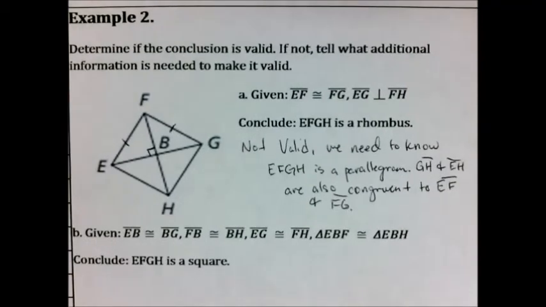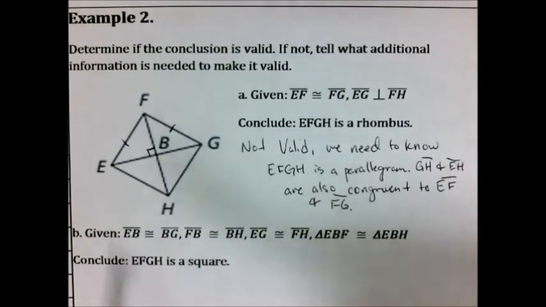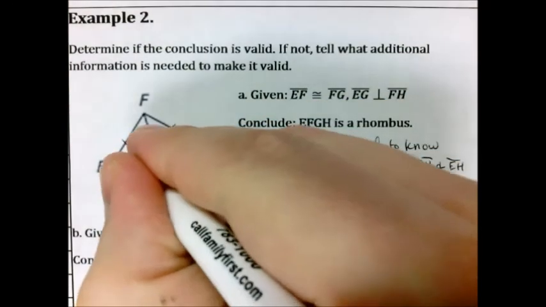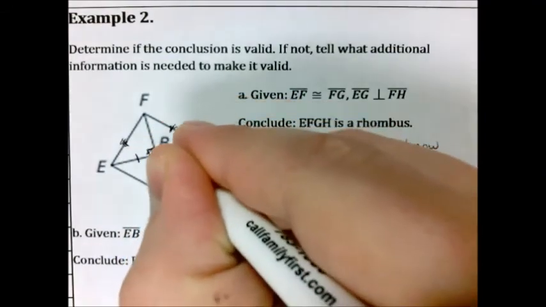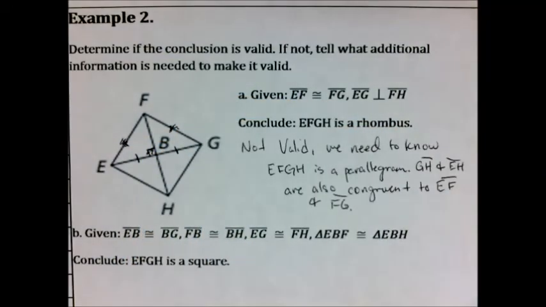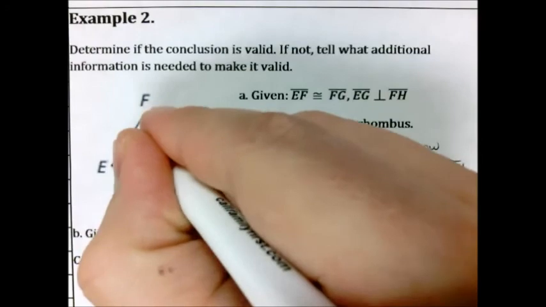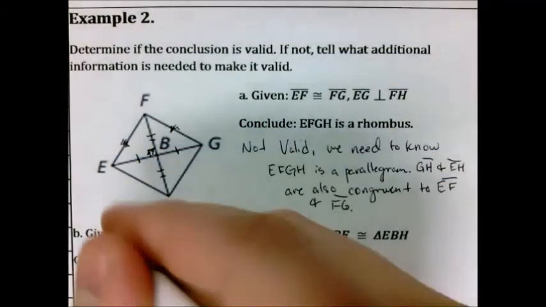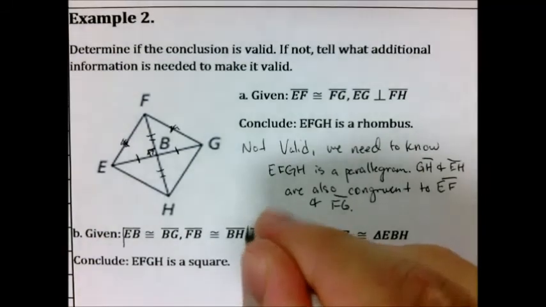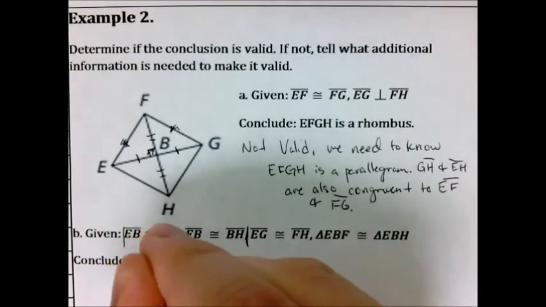This second part says, given that EB is congruent to BG, so we're going to ignore the lines we drew a little bit ago, and FB is congruent to BH, let's go ahead and mark this.